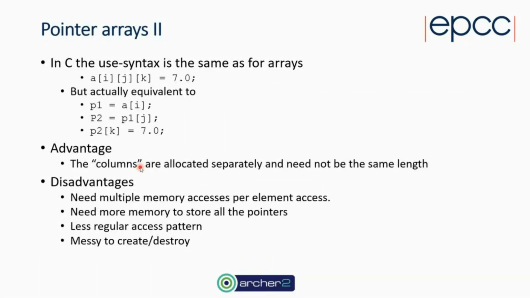If we're doing this multi-dimensional array in C, then we can still use square brackets to index through our different dimensions. But of course, this is really doing some pointer arithmetic underneath. So it's doing a pointer load and a pointer store and a pointer lookup for various things. This is generally fine, but it does mean there are more memory accesses per operation.